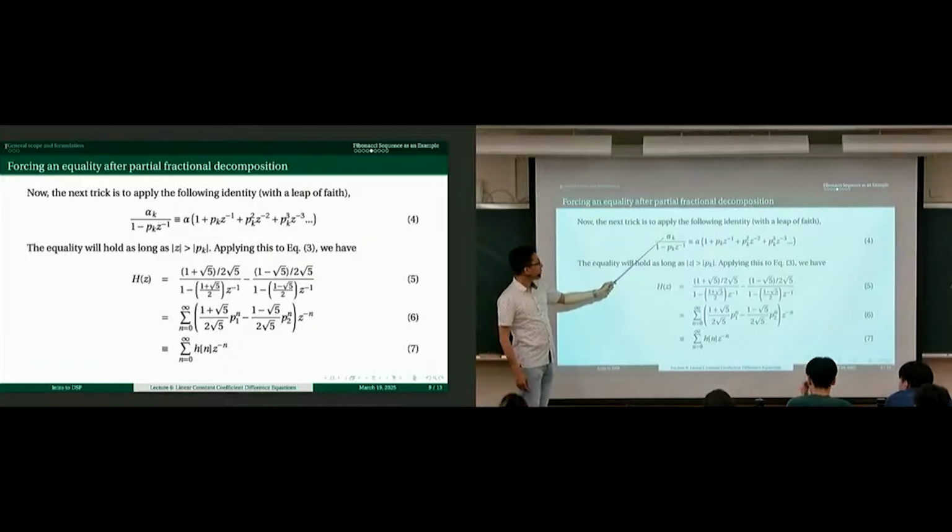What is this identity about? It's rewriting this term into an infinite series, basically a power series. Technically, I suggest we rewrite this term which shows up in the partial fraction decomposition.